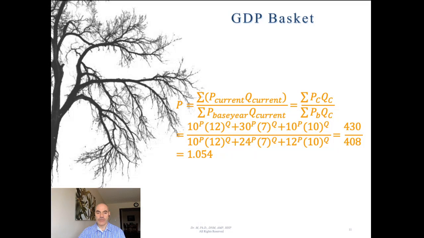So the question is, we have calculated the change in price of the current year 2020 against the base year 2015. And this change in price is equal to 1.054.